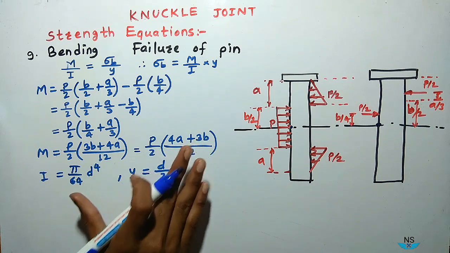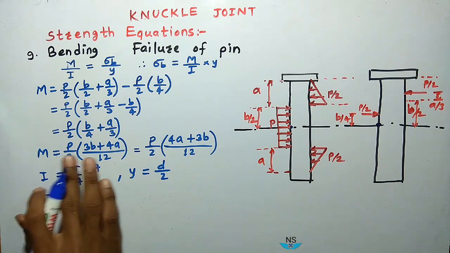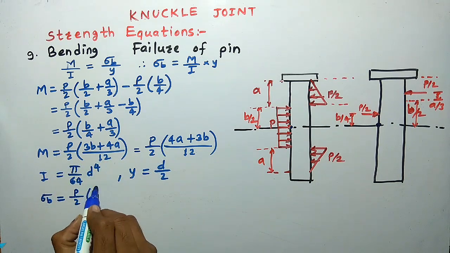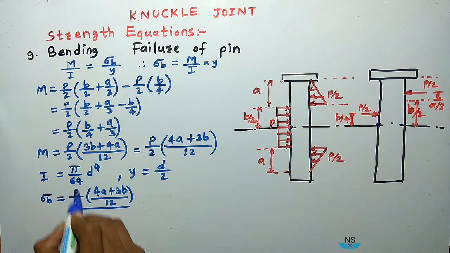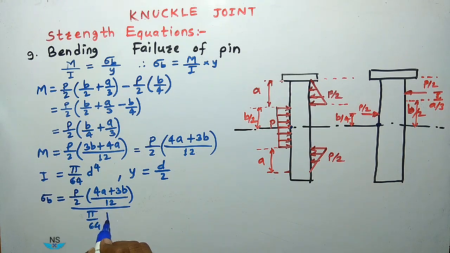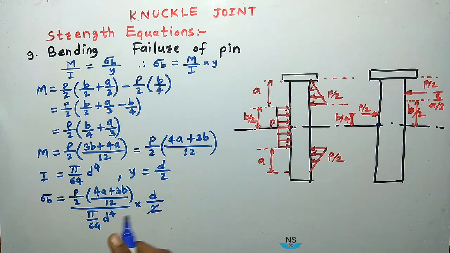Now let us put all these three values in the equation of sigma b. So sigma b is equal to, what is M? P by 2 into 4a plus 3b divided by 12, divided by I, which is pi by 64 into d raised to 4, into y, which is d by 2. Now let us simplify this. So this 2 becomes 32, this 2 also makes 16.